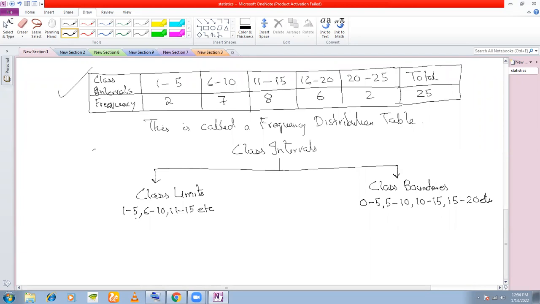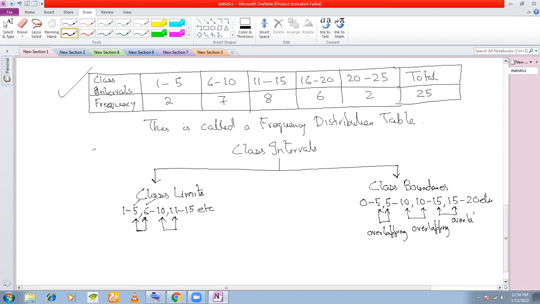But the greatest difference that you see here is that these two are not overlapping, right? This ends with 10 and then starts with 11. This ends with 5 and then this starts with 6. But what do you see here? These two are overlapping. So such overlapping intervals are called class boundaries.